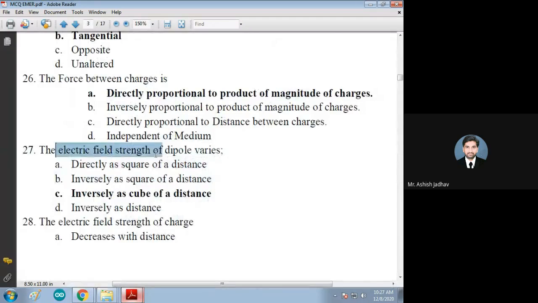The electric field strength of dipole varies directly as a square of distance, inversely as a square of distance, inversely as a cube of distance. Answer is inversely as a cube of distance.